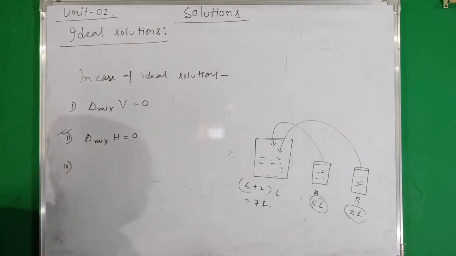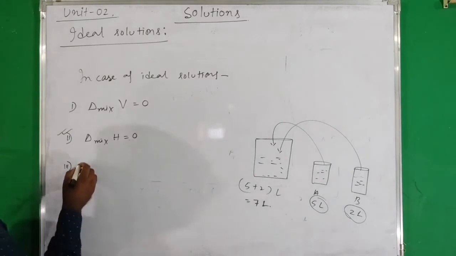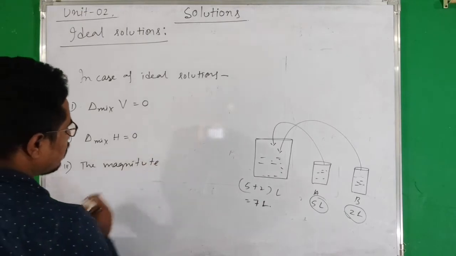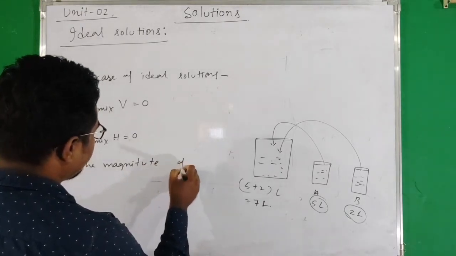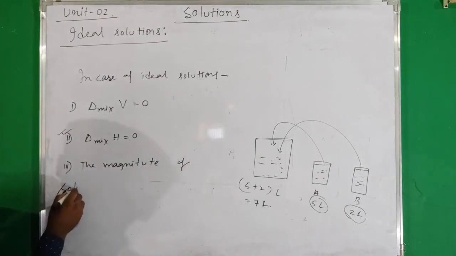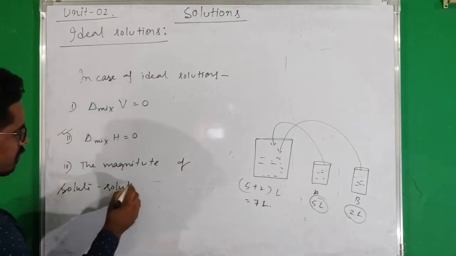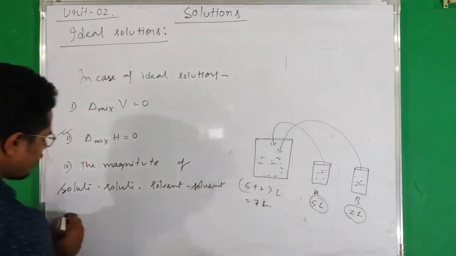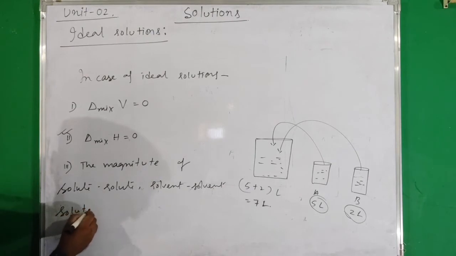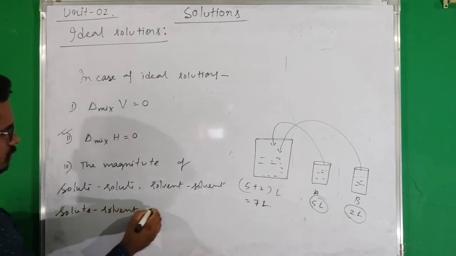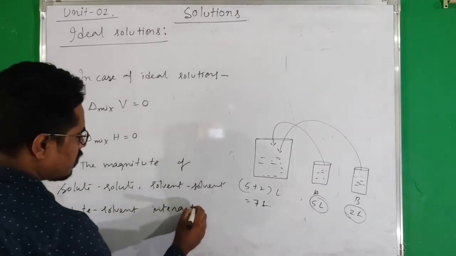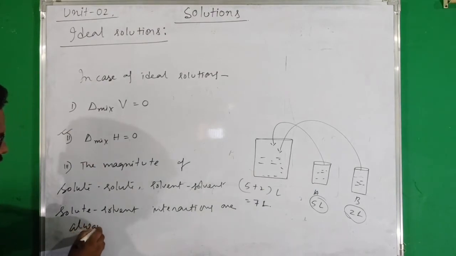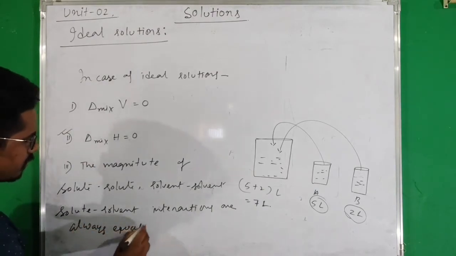In case of ideal solution, the most important point is that the magnitude of solute-solute, then solvent-solvent, and then solute-solvent interactions are always equal.